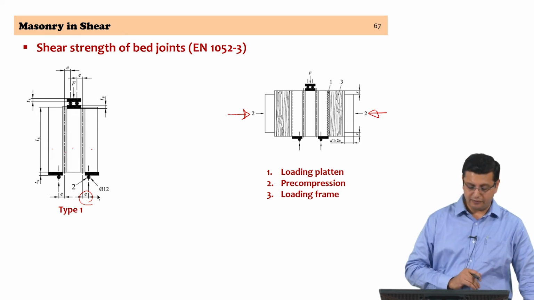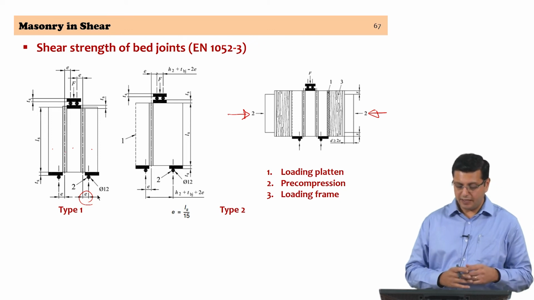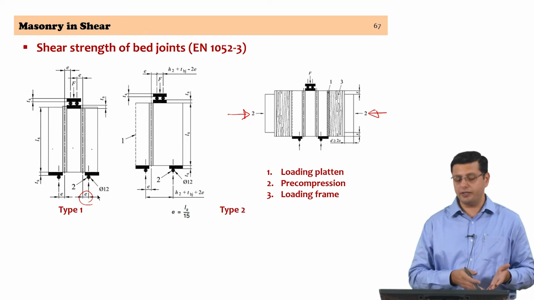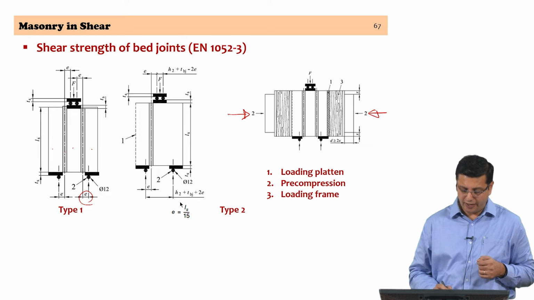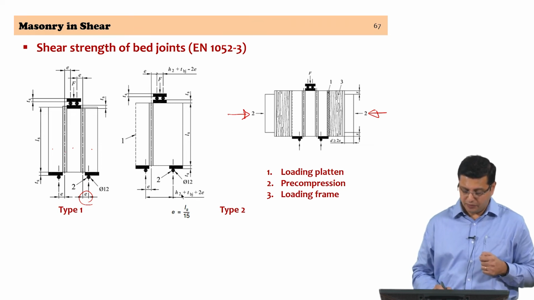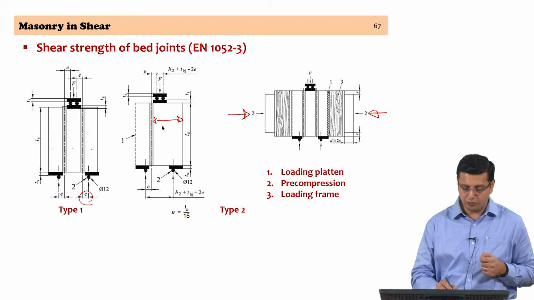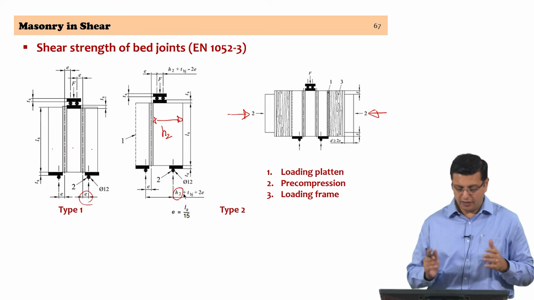So, the test has to be conducted with significant amount of care as far as the accuracy is concerned in the test setup itself. A modified setup can be seen here, where you are focusing on one joint instead of 2 joints as earlier, and again there are prescriptions given as to what should be the size of the second unit, and that is H2. The size of the first unit is H1, the size of the second unit is H2.